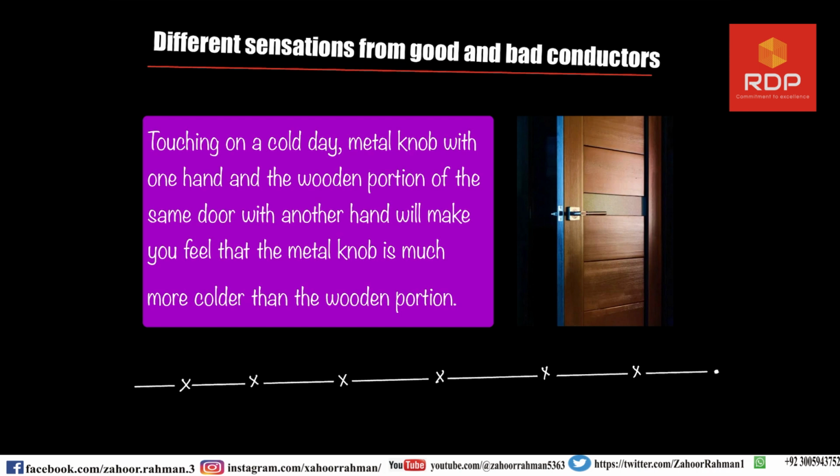If you touch the metal knob of a door on a cold day with one hand and the wooden portion of the same door with the other hand, you will feel that the metal knob is much colder than the wooden portion of the door, even though they are at the same temperature.